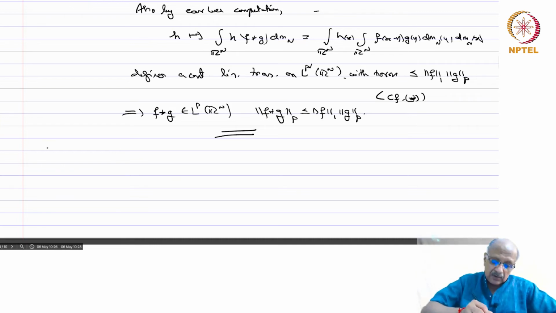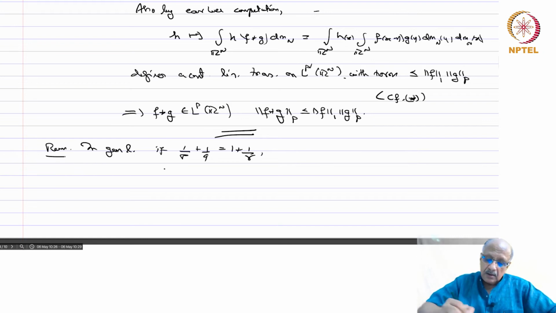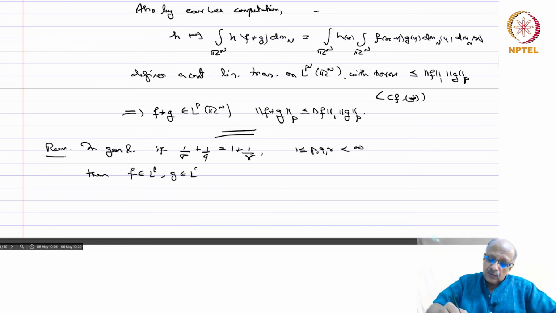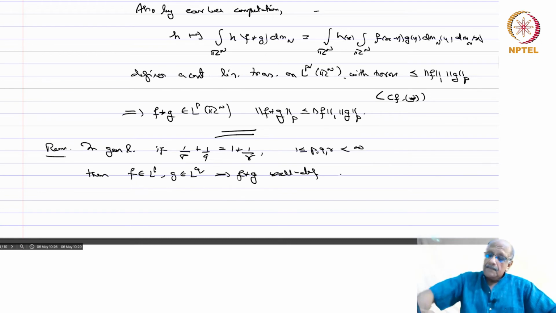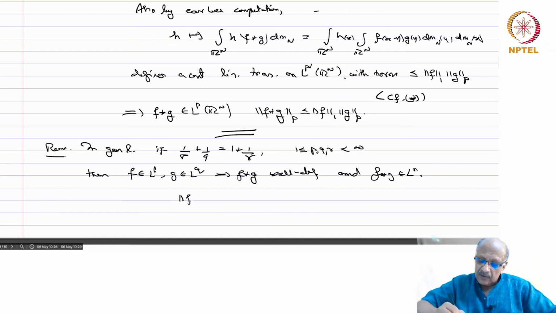Okay, so in general, a remark: if 1 by p plus 1 by q equals 1 plus 1 by r, with 1 less than or equal to p, q, r less than infinity, then f in Lp, g in Lq implies f star g is well defined and f star g belongs to Lr, and norm of f star g in Lr is less than or equal to norm f p norm g q.